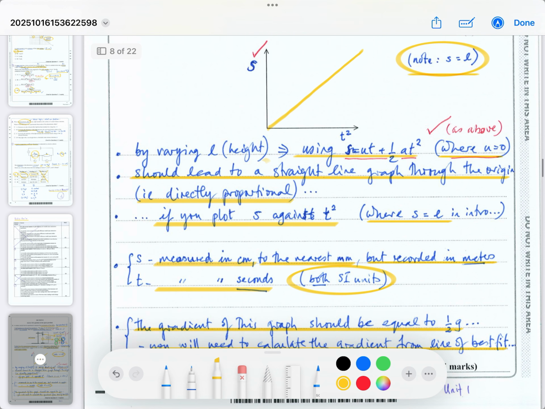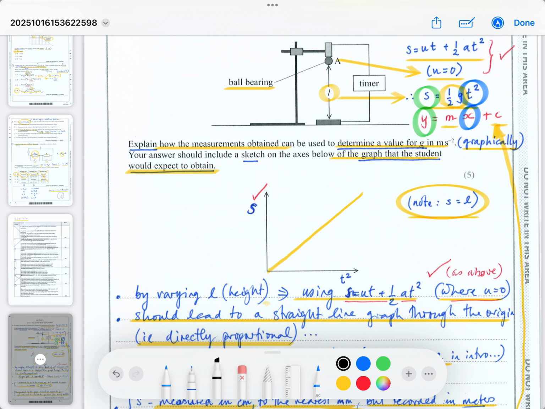I would actually show that there, okay? I would show what I have done in this section here. Hope that makes sense. That's how you know that the gradient is equal to half g.